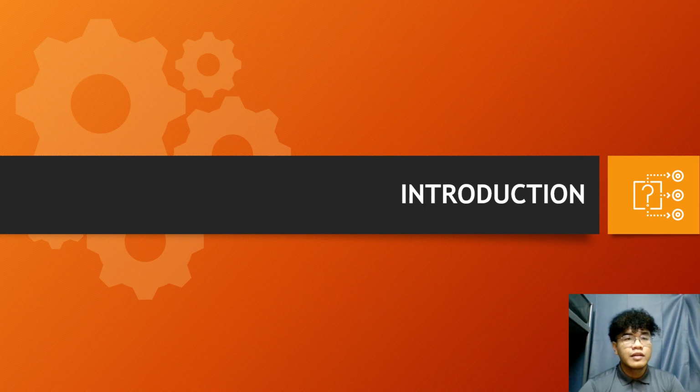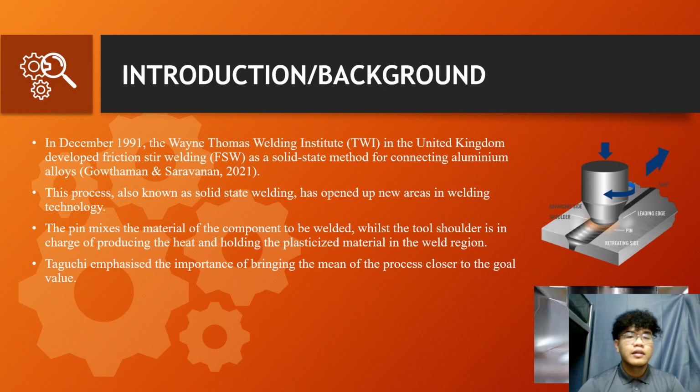Okay, first we start with the introduction or background. As we know, friction stir welding, or FSW, was developed by The Welding Institute (TWI) in December 1991. This process is known as solid state welding, which is a new era for welding technology.